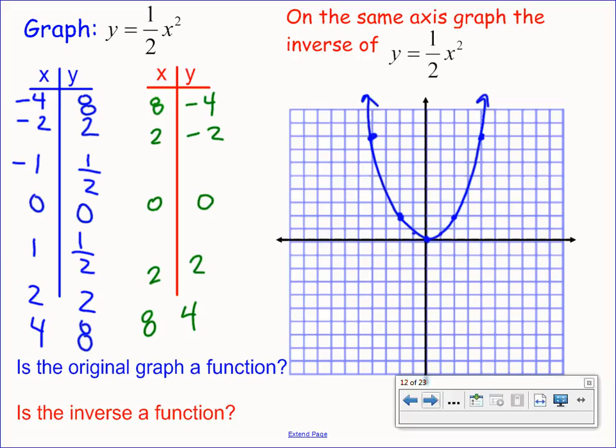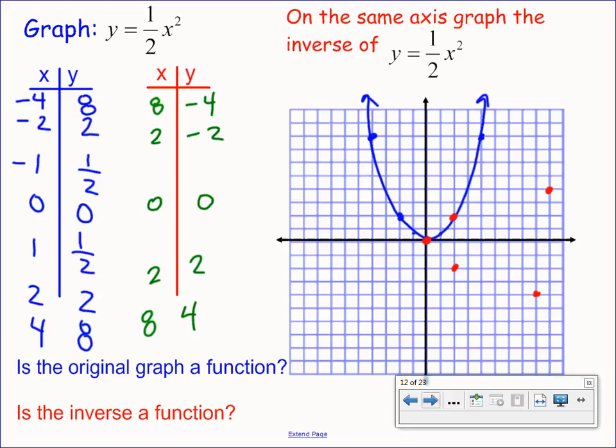I'm going to invert all those coordinates and sketch a graph of my new relation. I'll do that in red so that we can compare. 8, comma, -4. 2, comma, -2. 0, 0. 2, 2. 8, comma, 4.